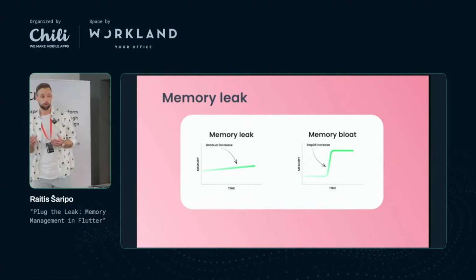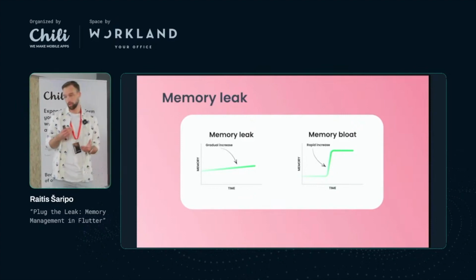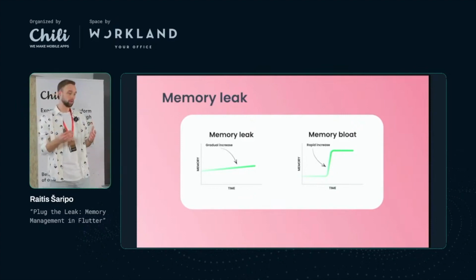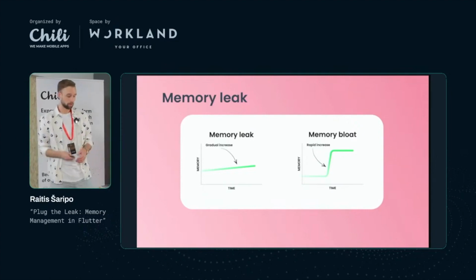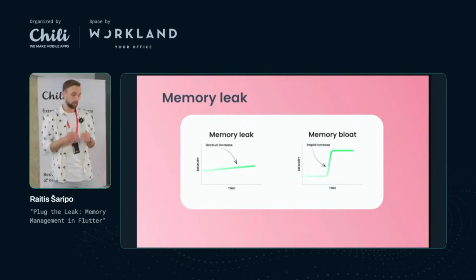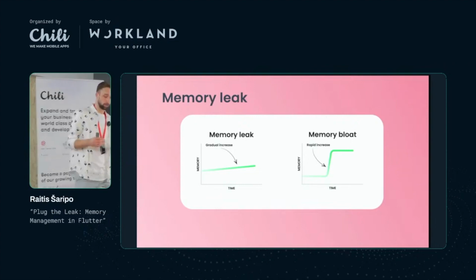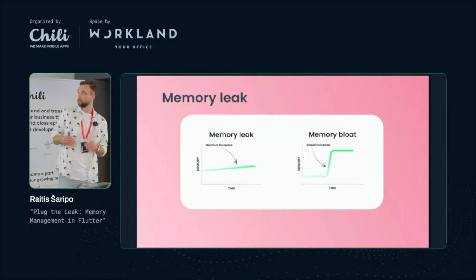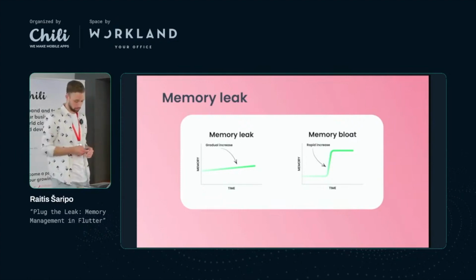For example, loading too much data into the memory. Let's say we load a large image into the memory and never dispose of it afterwards. So basically, a memory leak is a gradual increase in memory consumption over time, but memory bloat is a rapid, sudden increase in memory consumption, and then it just plateaus.